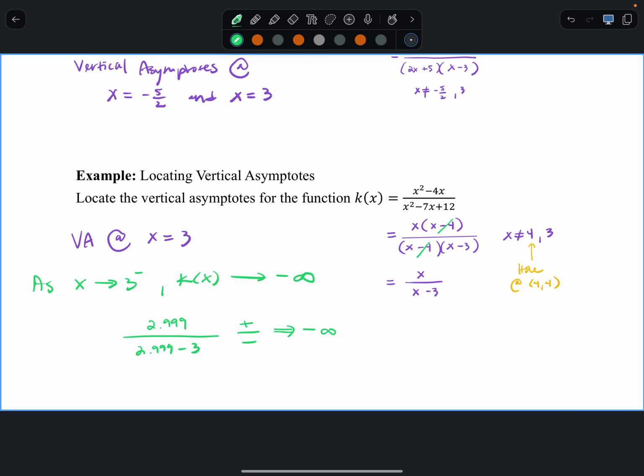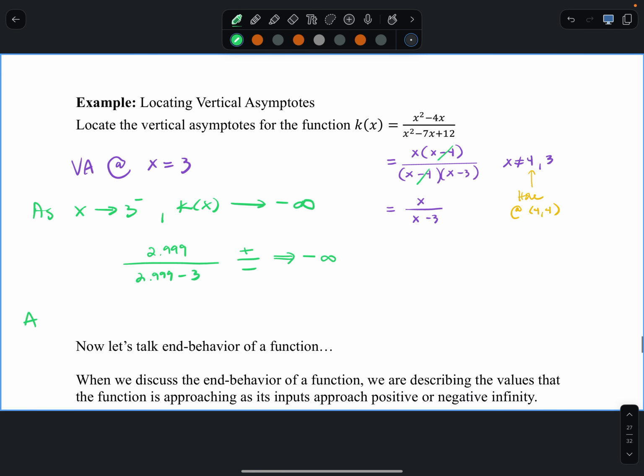Next. If it said approaching on the right, would you pick a value too? Yes, let's do it. As x approaches 3 from the right, is k of x approaching positive or negative infinity? We've got to think about it. A value to the right could be like 3.001, or like 3.01, something like that.